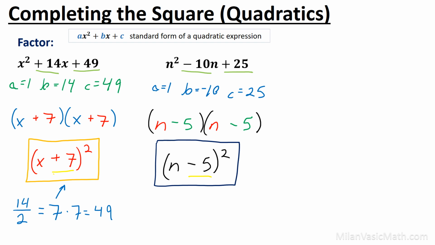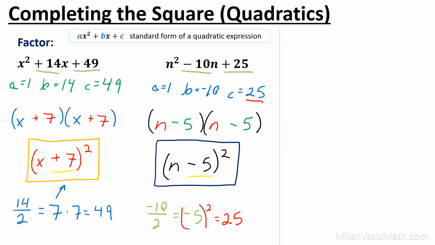And you have the same case with n squared minus 10n plus 25. That negative 10 divided by 2 is negative 5. If you square that negative 5, you get positive 25, which is the c value.